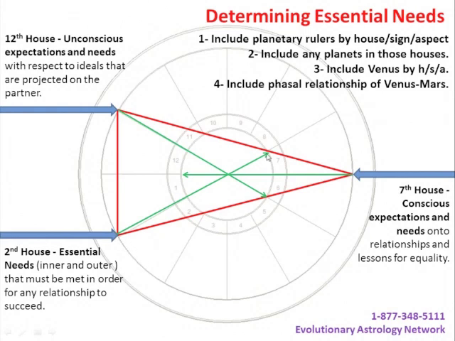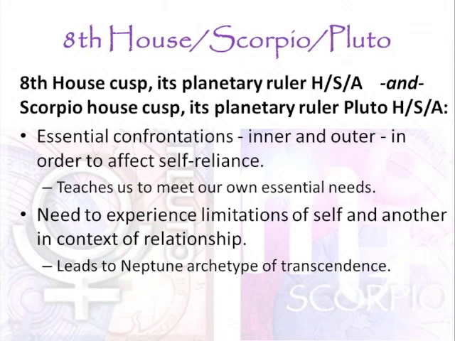The polarity of that is the 8th house, the 8th house cusp. So as we're looking to determine essential needs, and we look at this polarity, what does that describe? That archetype, and again, you look at the 8th house cusp, its planetary ruler by house sign aspect, and where Scorpio sits on a house cusp or intercepted, its planetary ruler Pluto by house sign aspect.